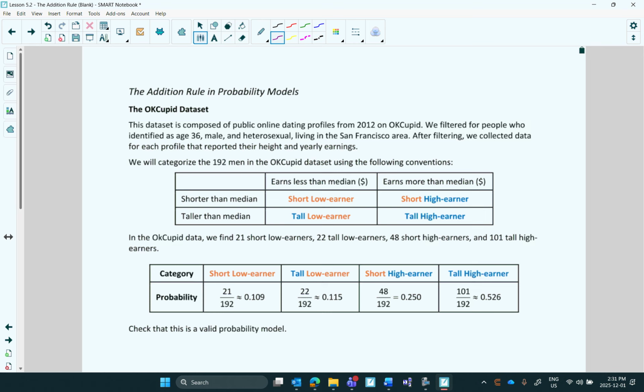They were either shorter than the median height or taller than the median height, and they earned less than the median income or more than the median. So they're classified in four categories: short low earner, tall low earner, short high earner, tall high earner.